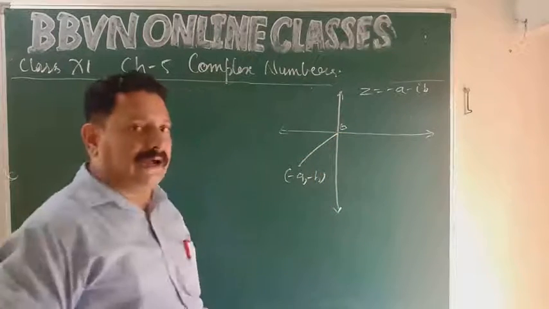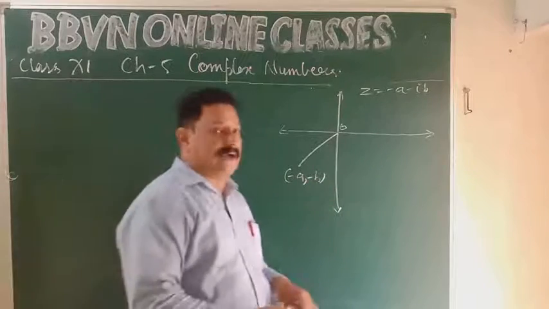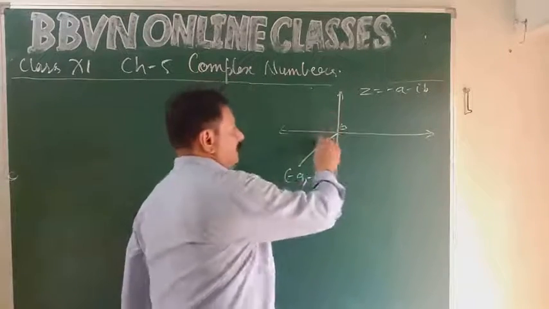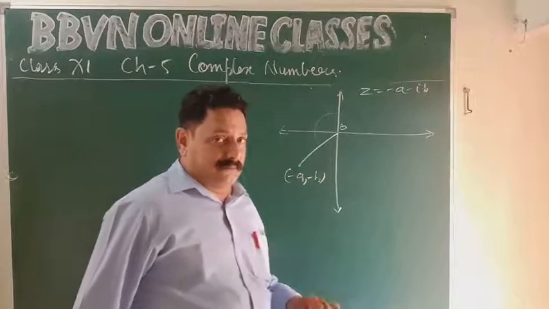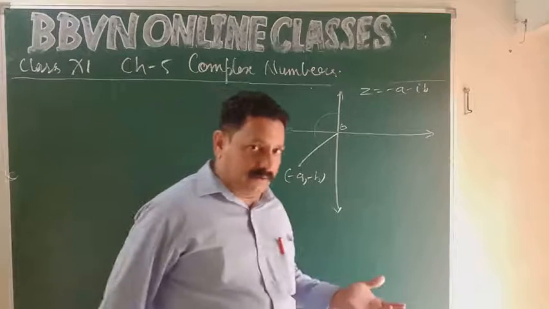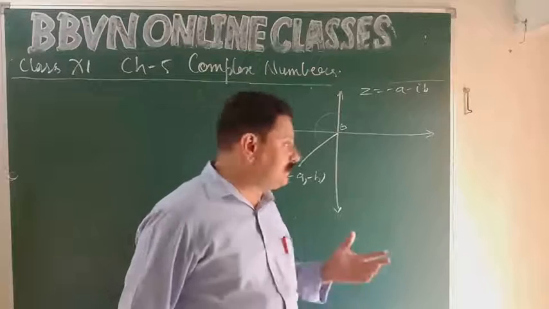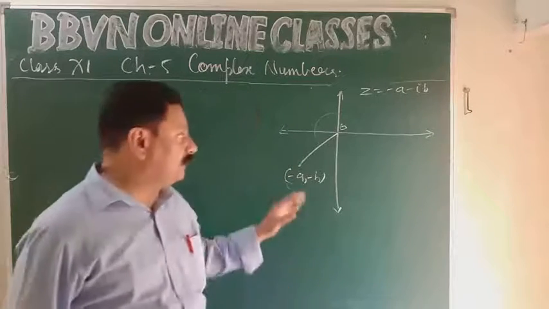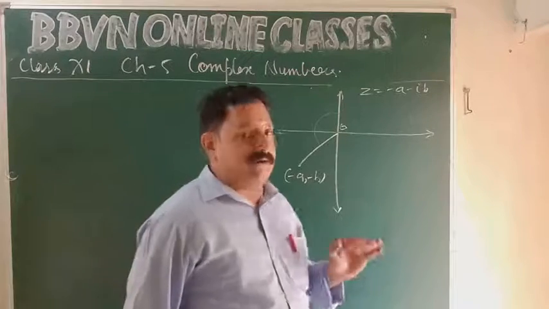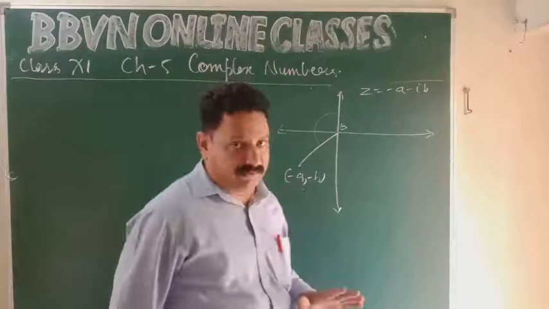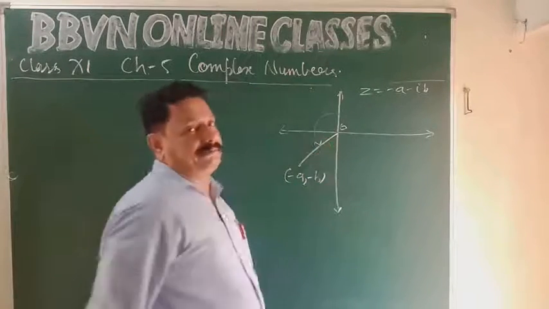We need to measure the angle between OZ and the x-axis. Now if I measure the angle anti-clockwise, I am getting a reflex angle. Reflex angle is an abstract method of measuring the angle. An angle can be acute, right, or obtuse, because we always talk about convex shapes, not concave shapes. So angle cannot be reflex. It can be 0, acute, right, obtuse, or a straight angle of 180 degrees. In the third quadrant, if I come anti-clockwise, this will be a reflex angle.